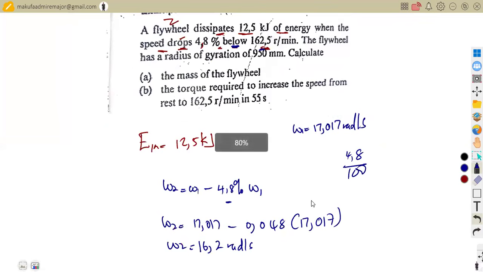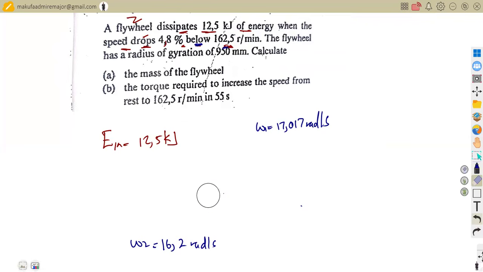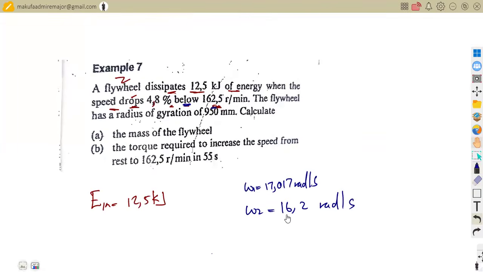Remember, we are simply taking information here. This is our omega 2, 16.2 rad per second. Let us just put it like this. Now we move on to the other part.